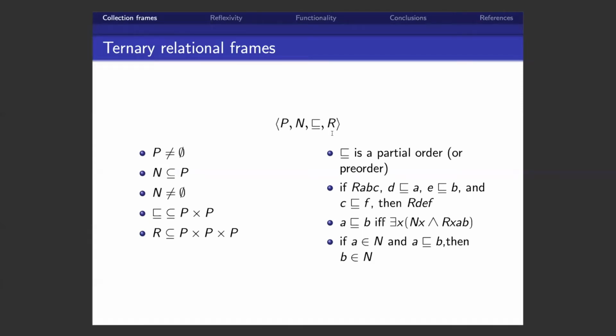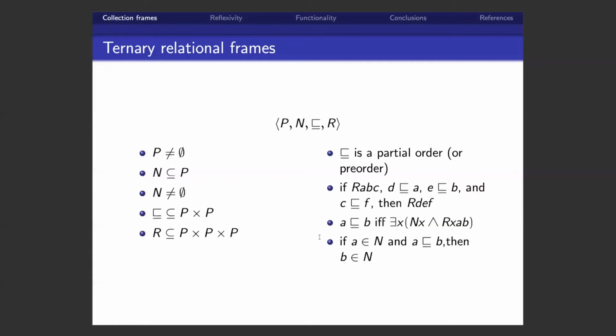We need the heredity ordering to be a partial order or pre-order. There needs to be some interaction between the heredity ordering and the ternary relation, and between the heredity ordering and the set of normal points. You get everything sort of working appropriately.